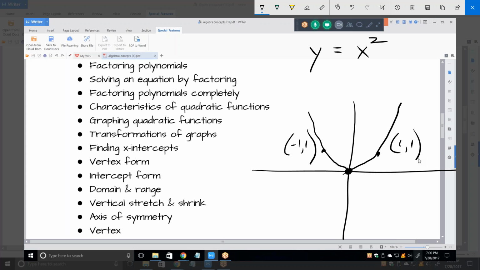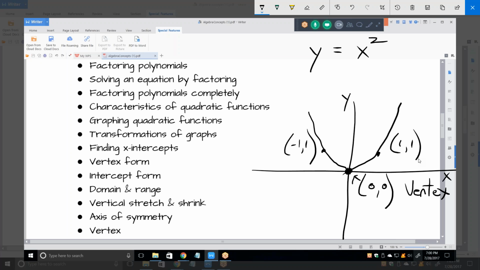Now, what's the most important point on this parabola that I've drawn? The 0, 0. What's that called? The vertex. Do you see why that's the most important point? Because it gives you the minimum y value that you can possibly have.